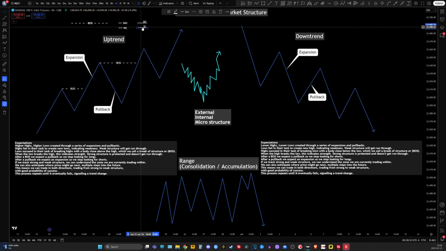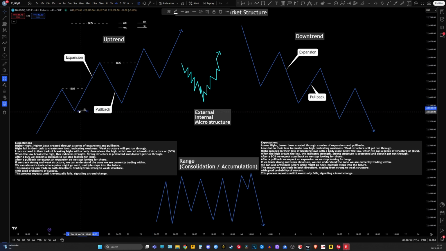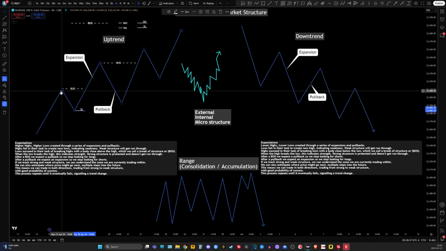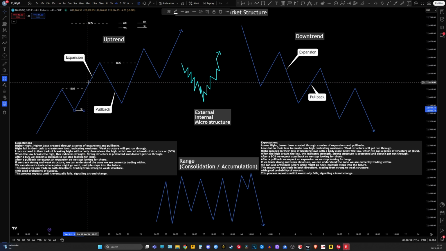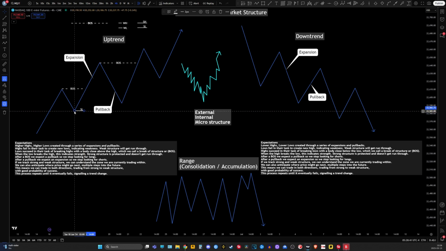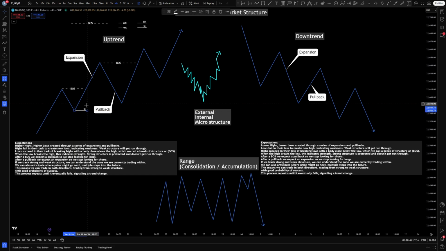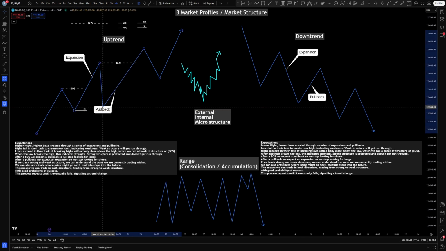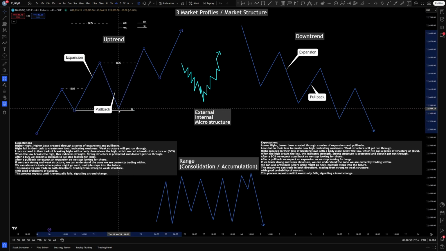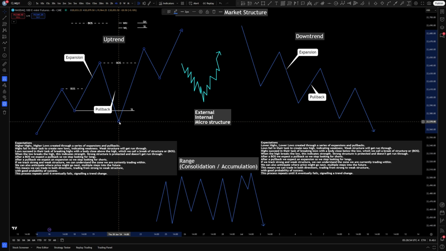So then what we can do is say that this, let's start on this one, this example. Once we've broken the structure with the body close, this low, only once we've broken the structure, becomes a strong low. And then what we expect from this then is that when price comes back down, it won't run through this strong structure. It won't go through like this.